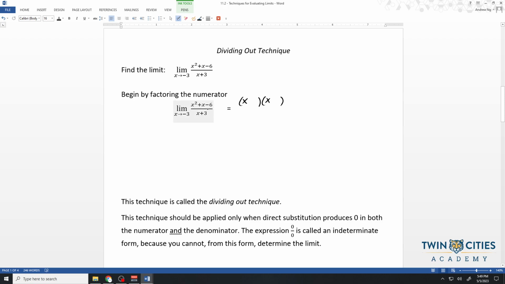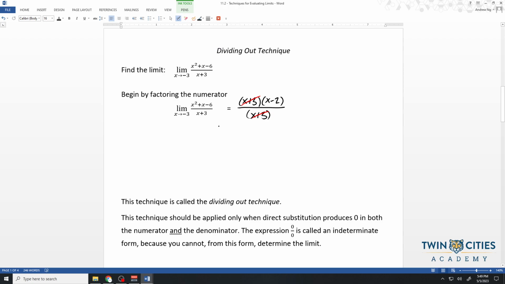And let's see, to make a +1 here, but a -6 over here, I'm going to need x plus 3 and x minus 2. And this is all over x plus 3. Well, now I can see I've got an x plus 3 on top and an x plus 3 on the bottom. I can divide these out, and I'm left with x minus 2.